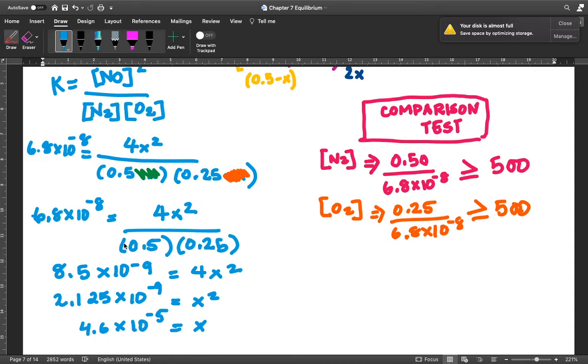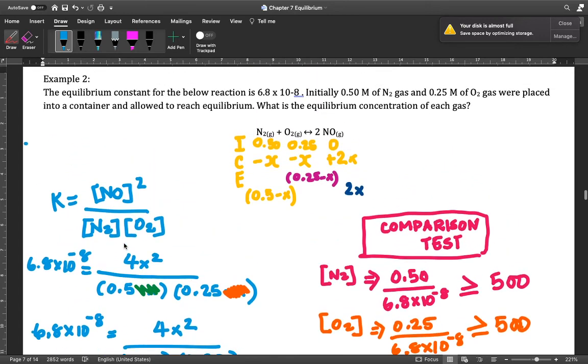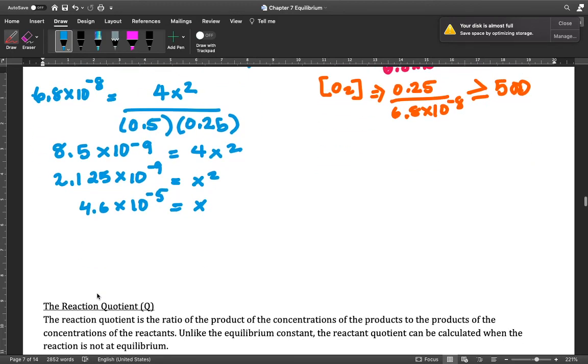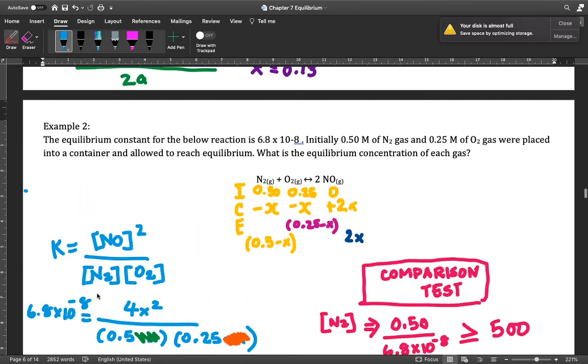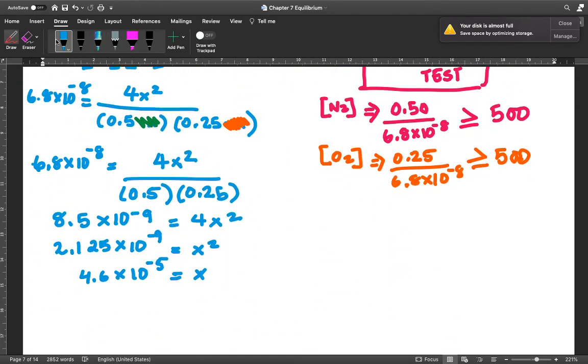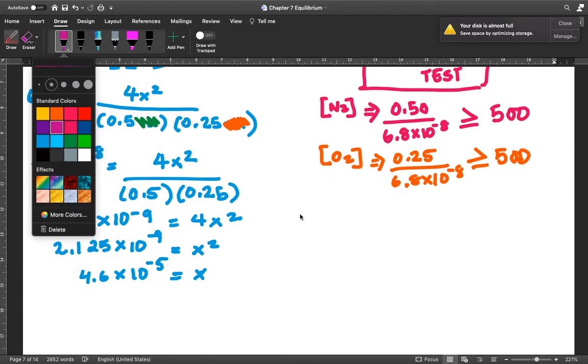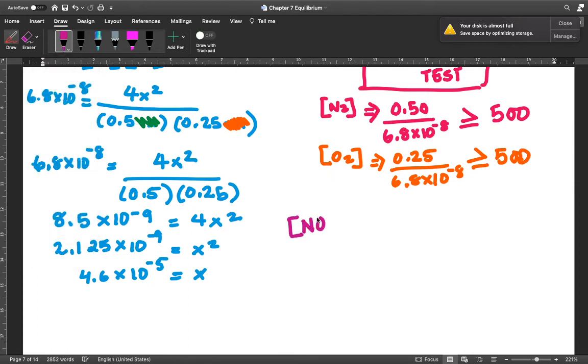So using this, I can again solve for what the question asks, which is the equilibrium concentration of each gas. So for NO, the concentration of NO is going to be 2x, which is 2 times 4.6 times 10 to the power of negative 5.